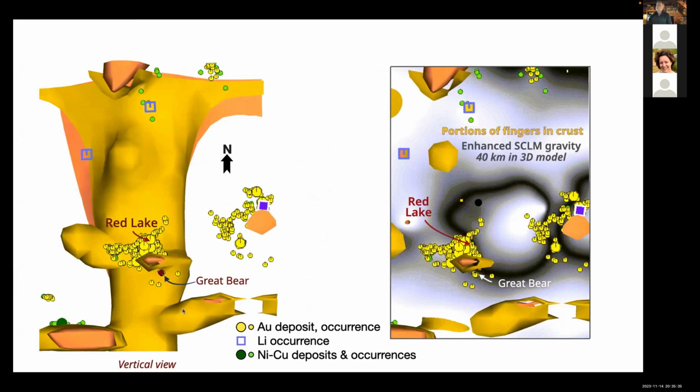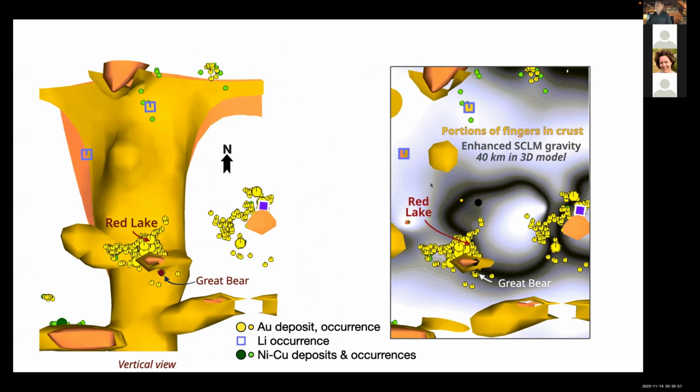So zooming in at Red Lake, we can see the gold deposits here in yellow, and the smaller ones just showings. They are on the margins of where we see the fingers penetrating up through into the crust. And the Great Bear deposit that's the subject of the next talk is in a mirror image here on this other margin.